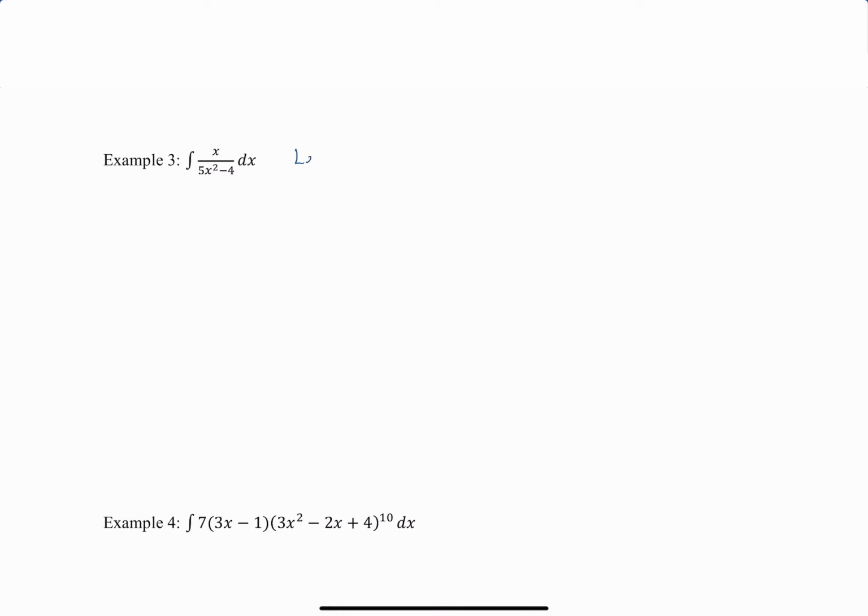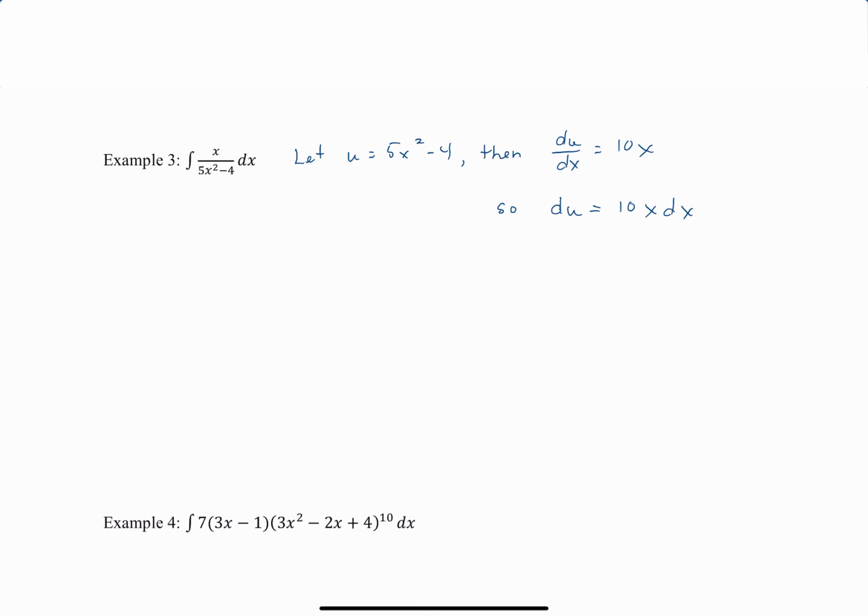So let's let u be 5x squared minus 4. Then that means that du/dx must be 10x. So if I multiply both sides of that expression by dx, I get that du is 10x dx.